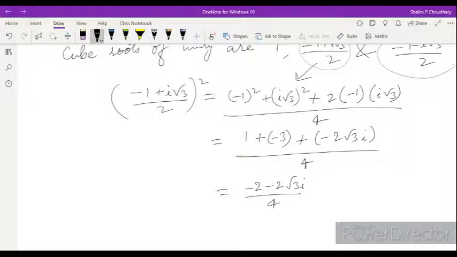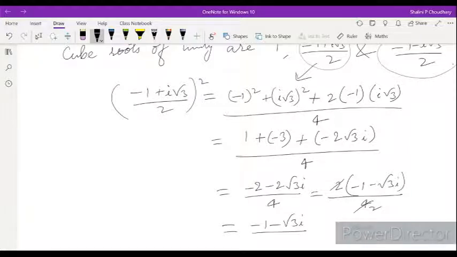Now we'll take 2 common and divide. So what we'll get is minus 1 minus root 3 i, divided by 2. So basically the value we are getting here is minus 1 minus root 3 i divided by 2.